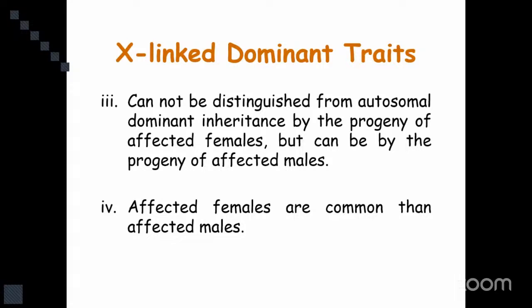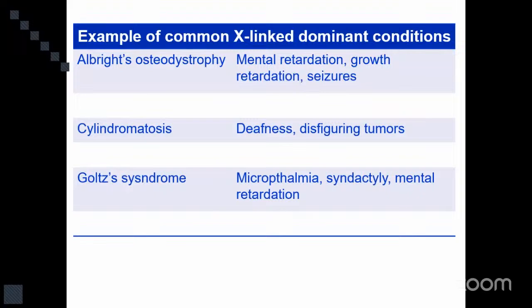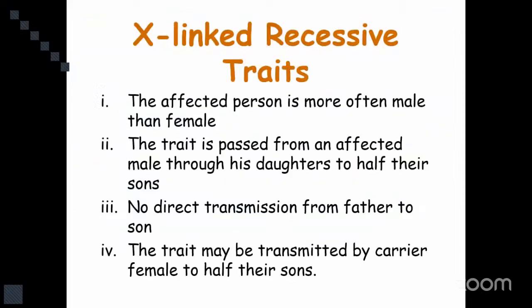So if the individual is lucky to have a high percentage of the normal copy of the genes, the condition may be so mild or even almost absent. You may even think that the person doesn't have the condition. Classical examples include neurofibromatosis and Goltz syndrome, and the characteristics are there for you.